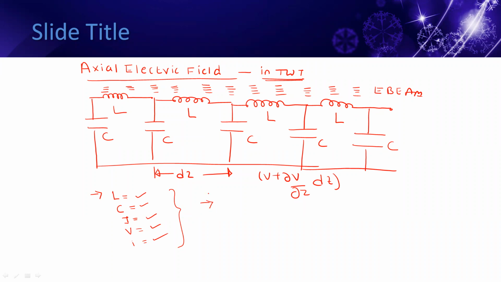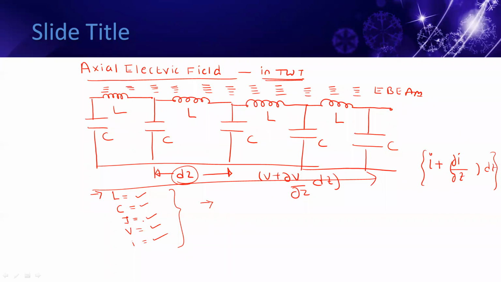So the current flows through this line, and this current has left the end portion of the line with a value of dz. So what is the variation of the current? The variation of the current equals the instantaneous current plus the variation of this current that can be formulated by this transmission line.